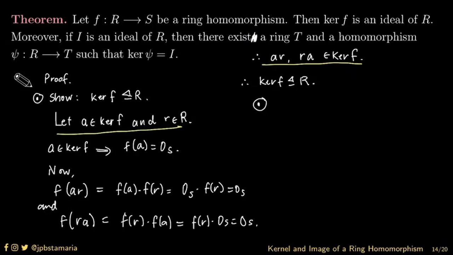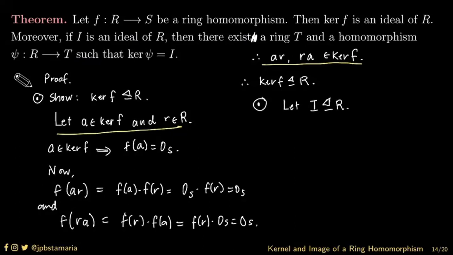Okay. So let's just write, let I be an ideal of R. So ang kamay ng Diyos natin kukunin yung ring na yun at paano mo i-define yung homomorphism psi from R to T so that mapipilit mo na ang kernel ng ring homomorphism na to ay yung ideal na I. So how do we get that?